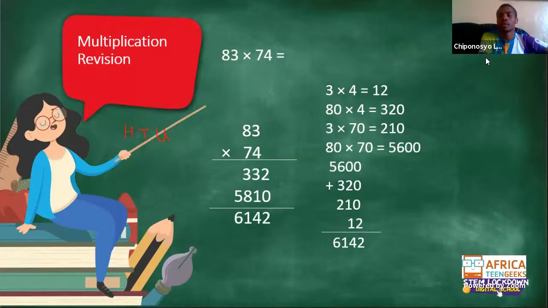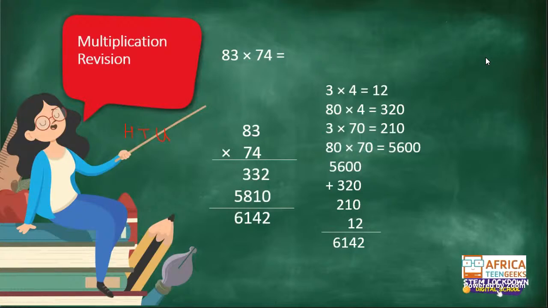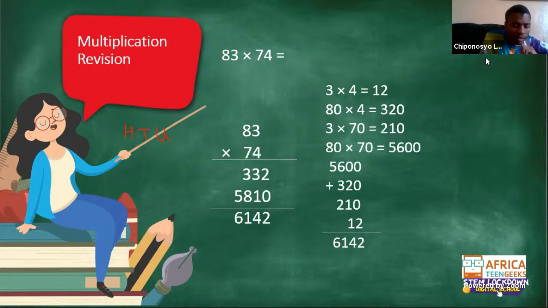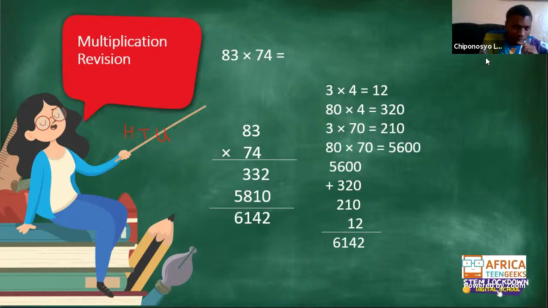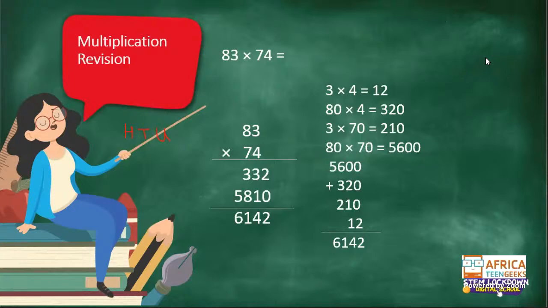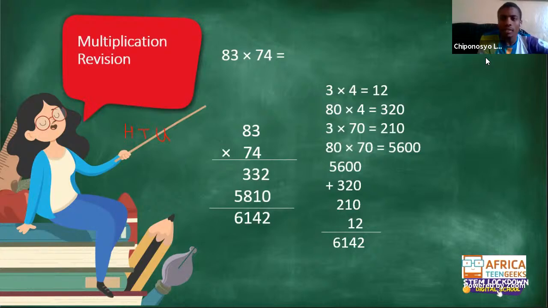For example, 727: when you write it, you put 7 for the hundreds, then for the 20 you put 2, and then a 10, and then for the 7. All right, I get you.